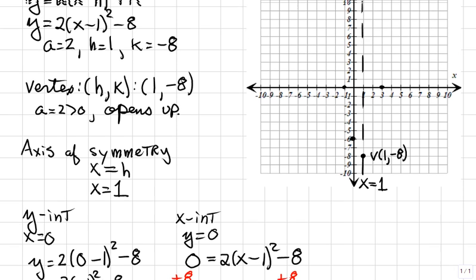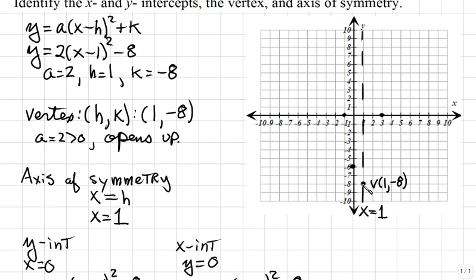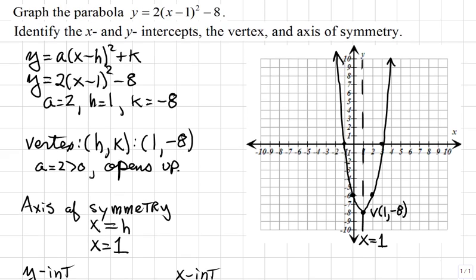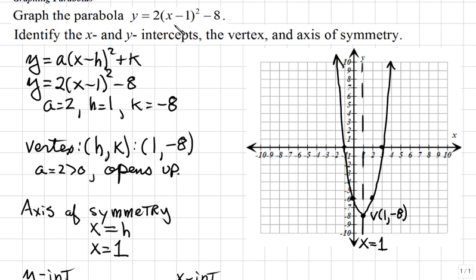We now see this parabola being formed. Connecting these points from the vertex, and since we found that this was going upwards, our parabola will shoot upwards on one side, and from our symmetry it will be the same on the other side of this line of symmetry. Therefore, this is the graph of the parabola y equals 2 times x minus 1 squared minus 8.